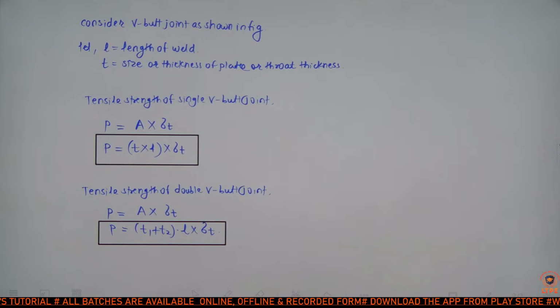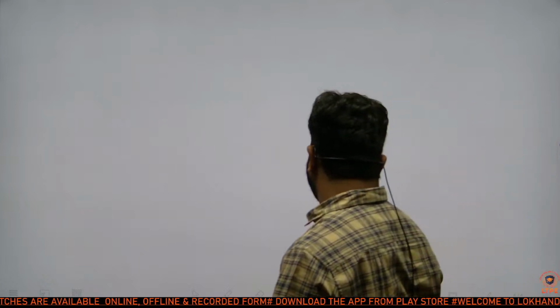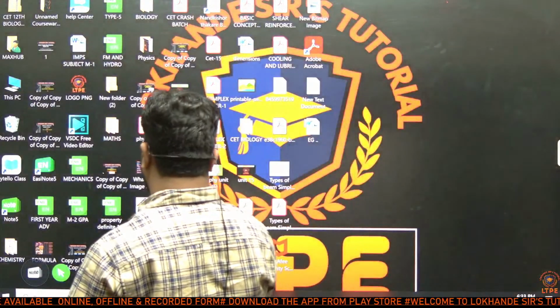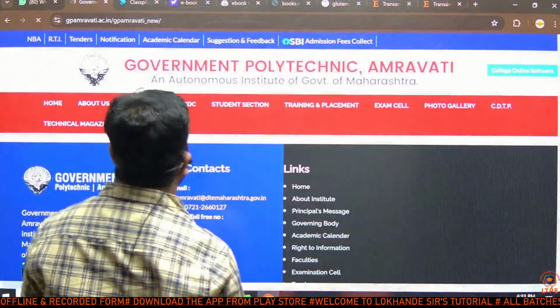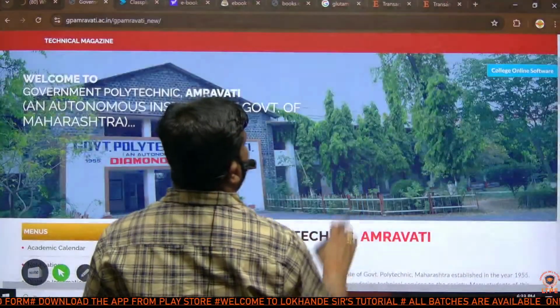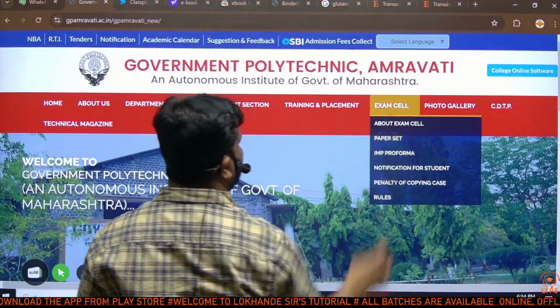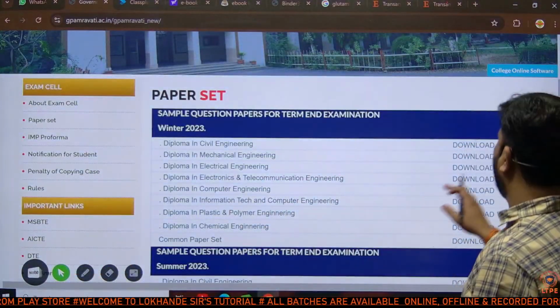So let us check the previous year papers from the site Government Polytechnic, Amravati, exam sale, paper set. Let us check the first paper from winter 23.